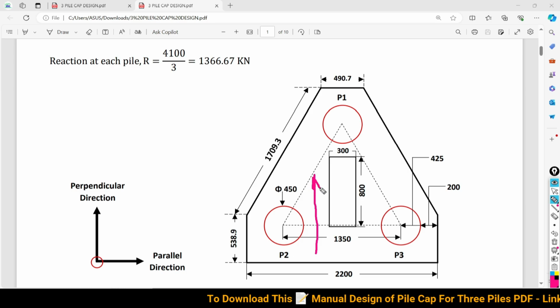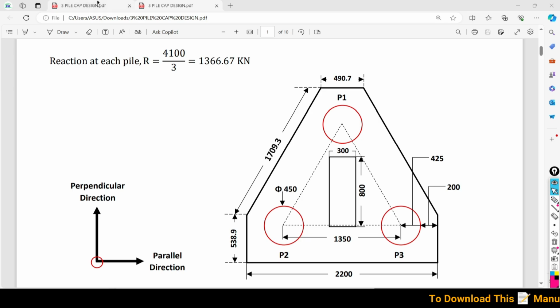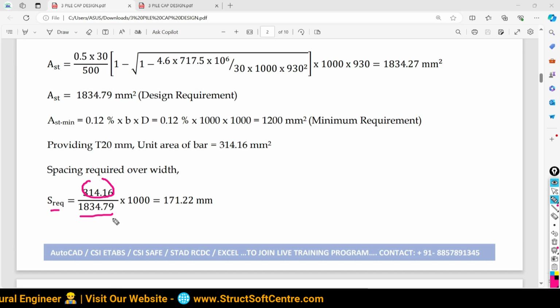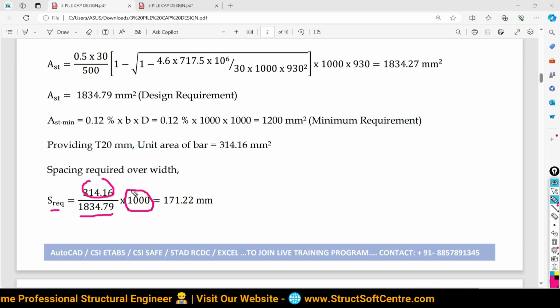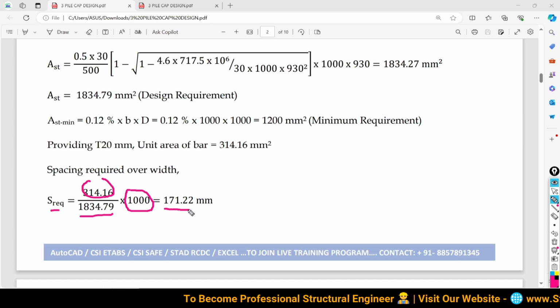You can call it width or perpendicular direction, both are okay. So the spacing required is the unit area divided by total area, multiplied by the 1 meter width. After doing this calculation, we are getting the value of spacing as 171.22.